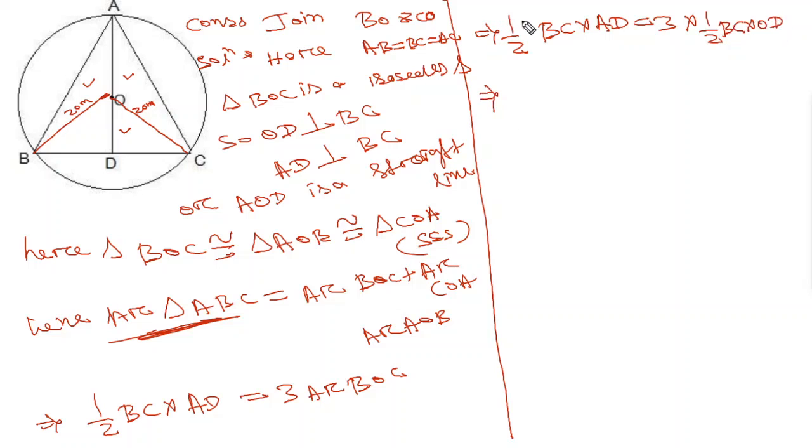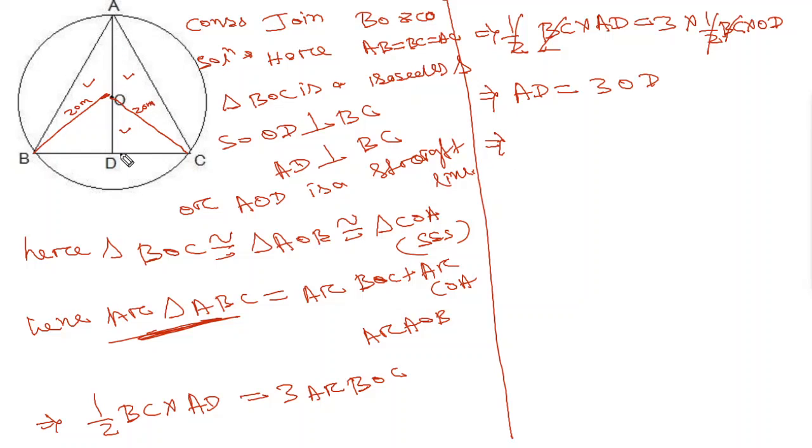Now you can cancel this 1 by 2 and 1 by 2, BC also you can cancel. So what will remain? Remaining will be AD equal to 3 OD.